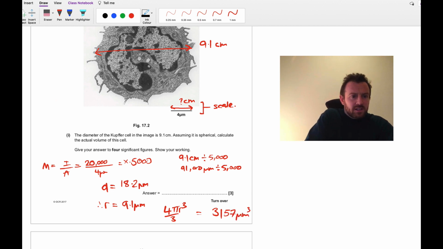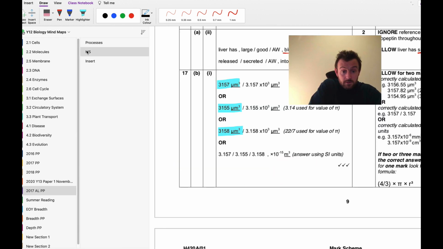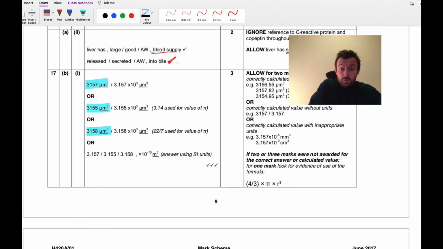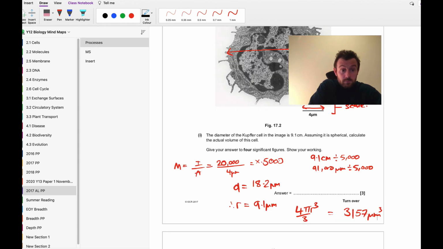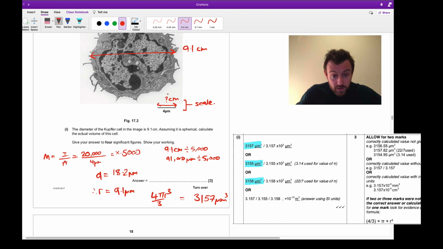Is that actually right? Yeah, I did get it right. Okay, cool. So yeah, 3,157. So therefore, on your image, this must have been 2 centimeters, which I just guessed. Okay, so that's how you get there. It's quite tricky.